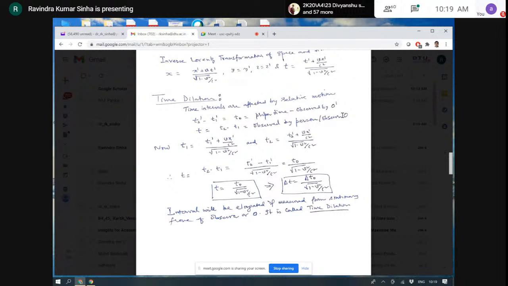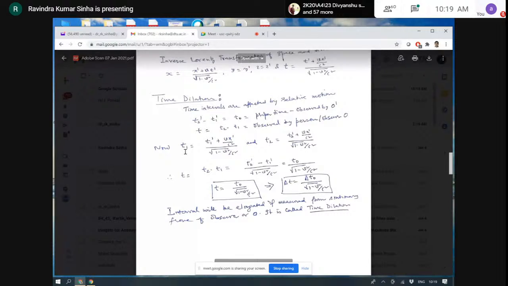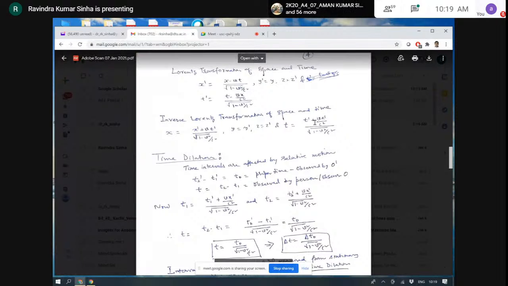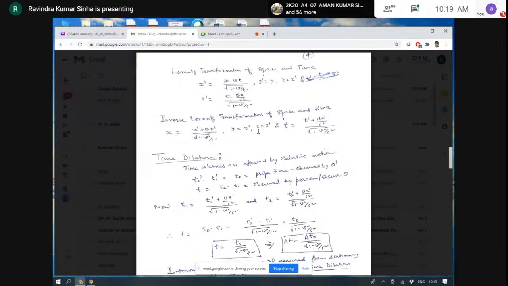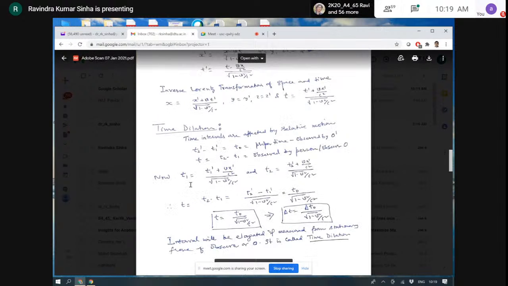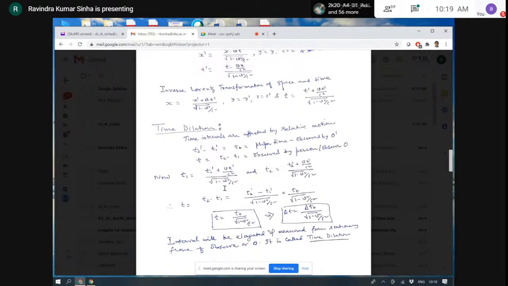Okay. So now T1 is equal to, okay. I have used this inverse Lorentz transformation. So here, in general, T is equal to this quantity. So T1 will be T1 dash plus Vx dash by C square, divided by the square root of 1 minus V square by C square, and T2 will be this quantity. Is it clear? Yes, sir. I have used these formulas. Okay. So T2 minus T1 is the interval, that is, something is recorded.